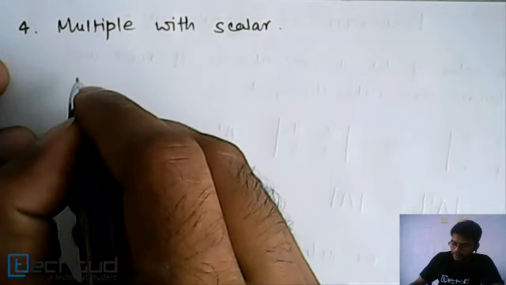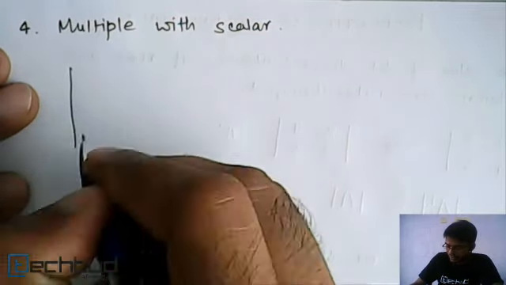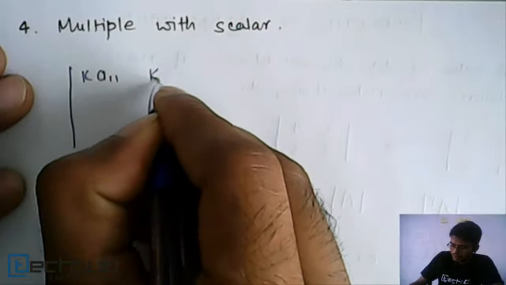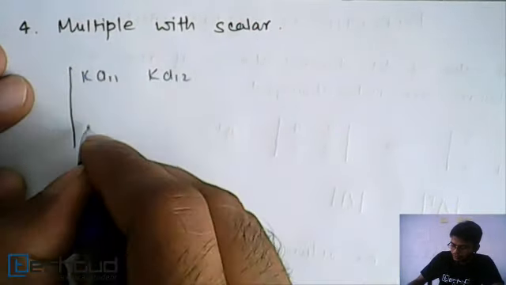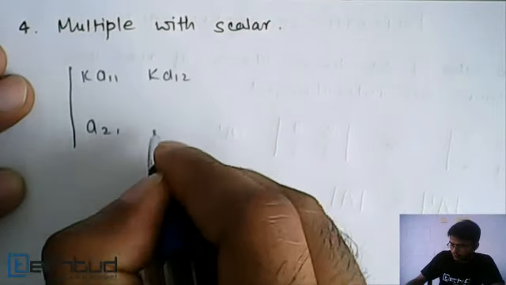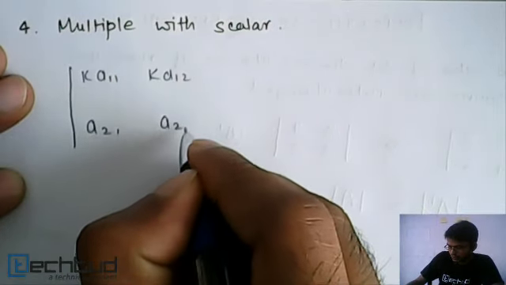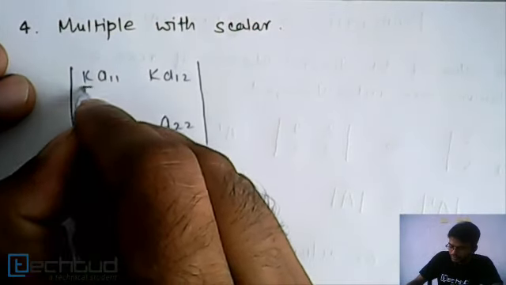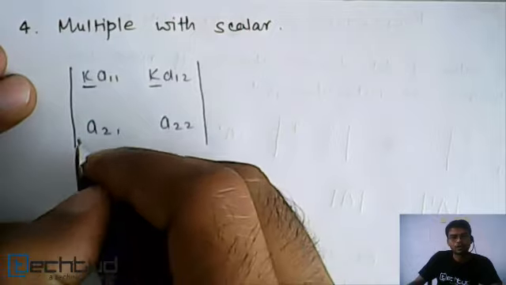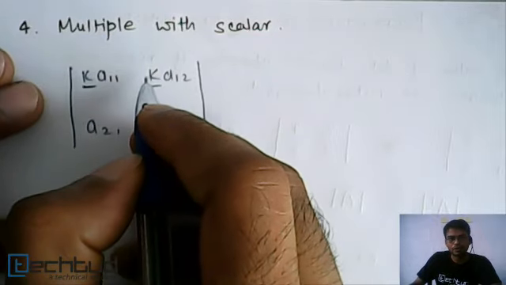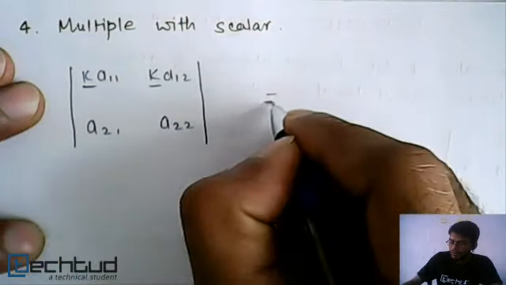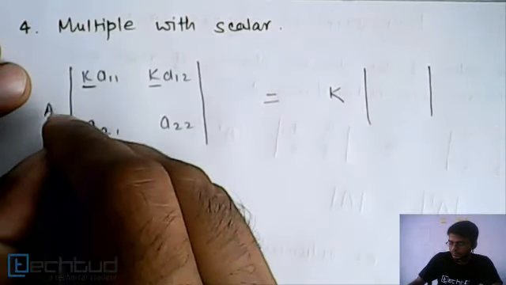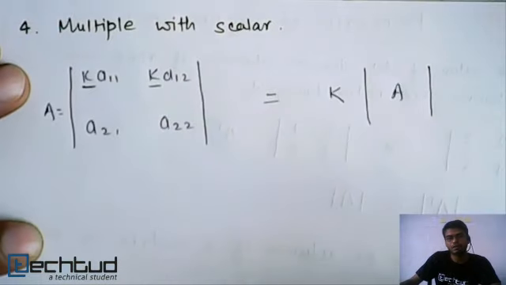If we multiply each element of a row of a determinant by k, for example k a11, k a12, a21, a22, here what we are doing is multiplying each element of one row with k. Then the value of the determinant will be k times the original determinant.